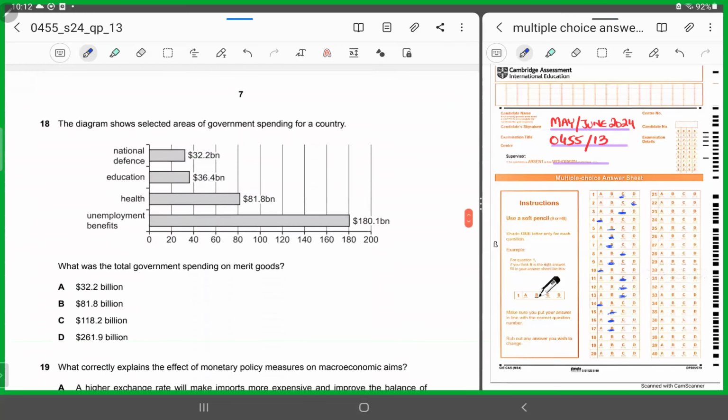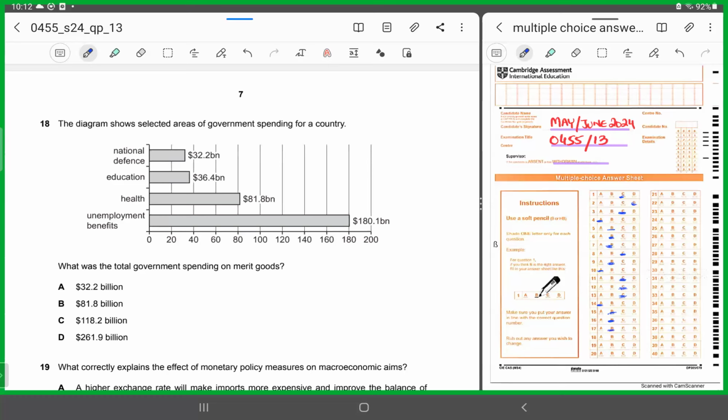Now, don't be intimidated or overwhelmed by looking at these bar graphs, right? Whenever any pictorial representation is given, mark my words, it's relatively easier. All you need to do is pay a little close attention and there will be hints in the question, right?